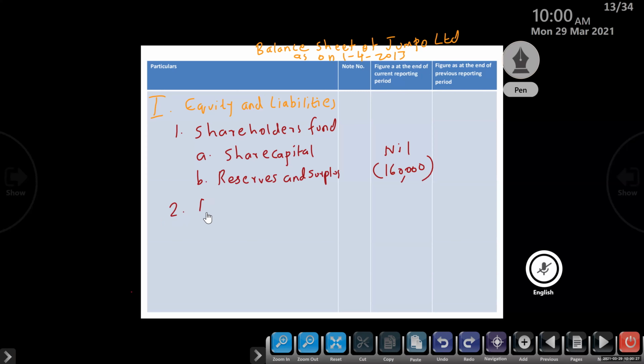Next one, share application money pending allotment.